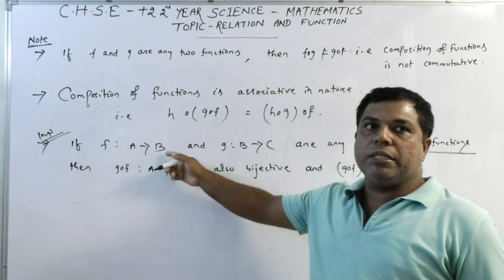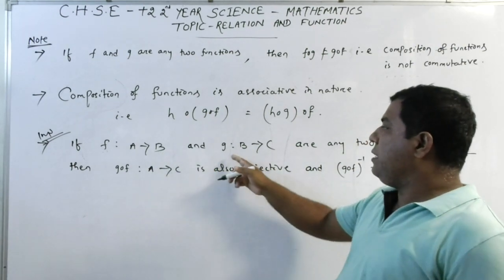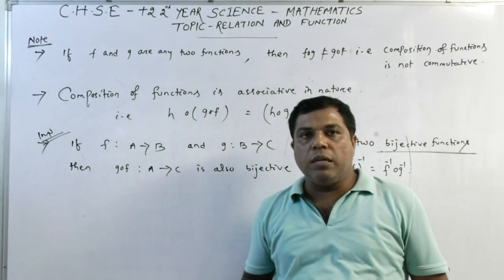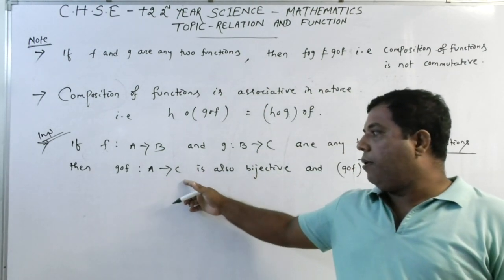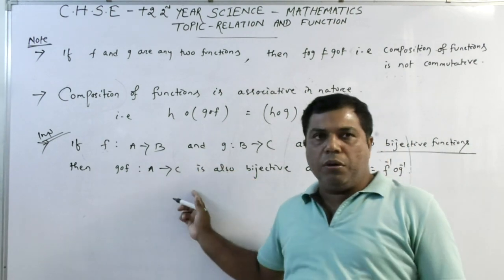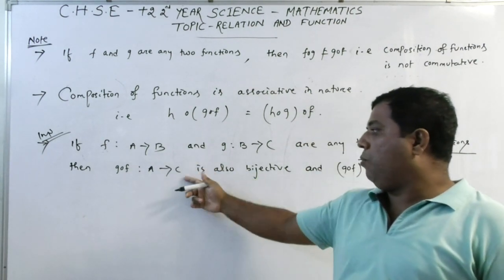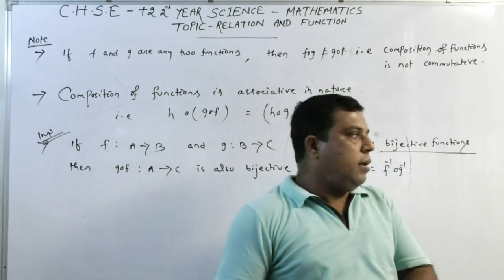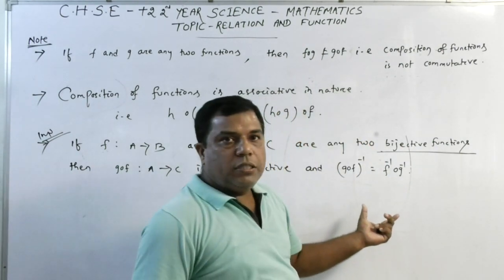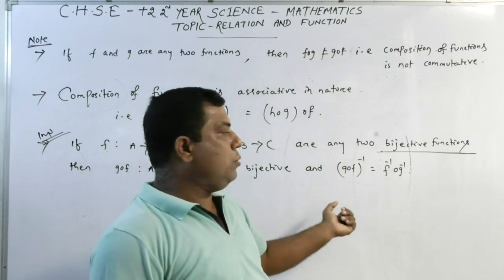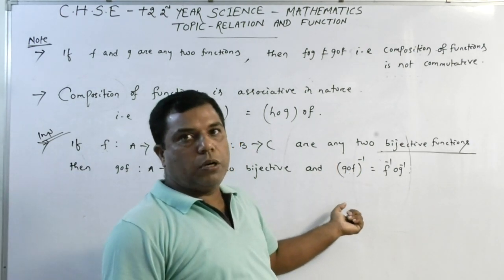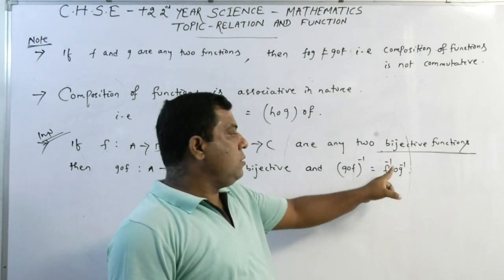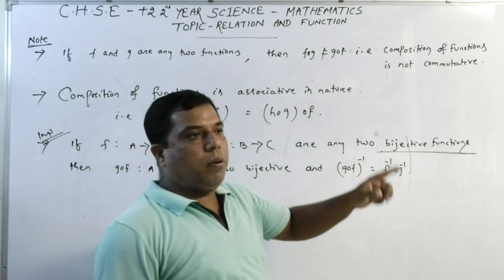If f is from A to B and g is from B to C are any two bijective functions, and we define gof from A to C, then gof is also bijective in nature. And what is the final result? The inverse of the composition, that is (gof) inverse, is f inverse operated on g inverse.